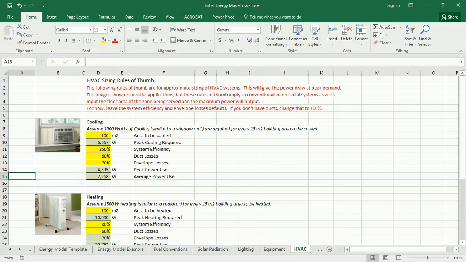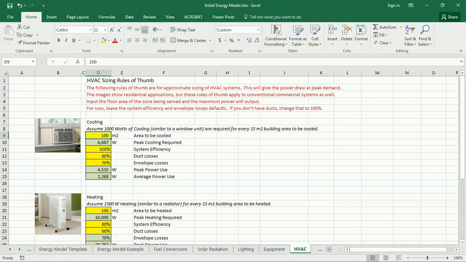So, for instance, here, this is a standard residential window unit air conditioner, and that would be sufficient to cool about a 15 square meter room. That supplies about 1,000 watts of cooling.